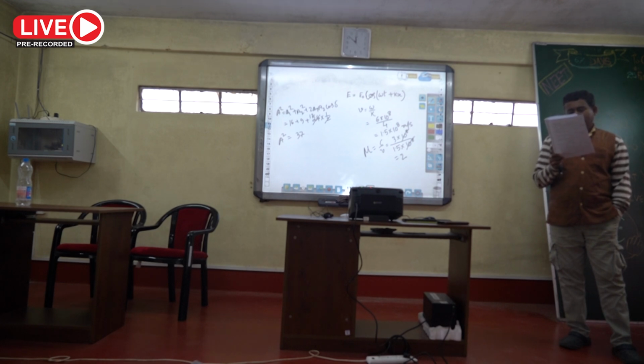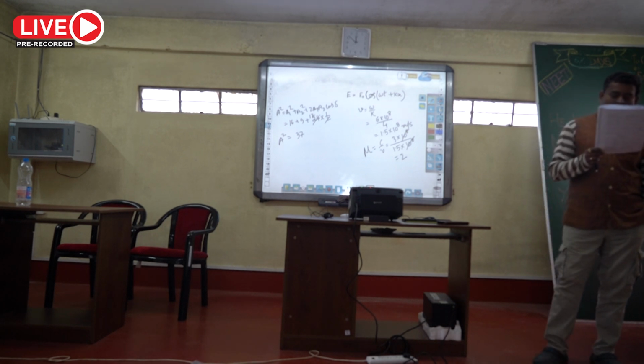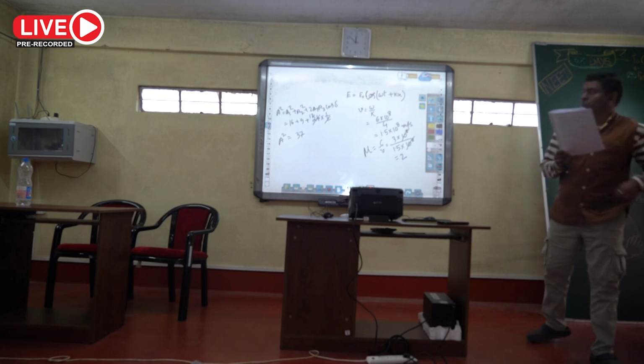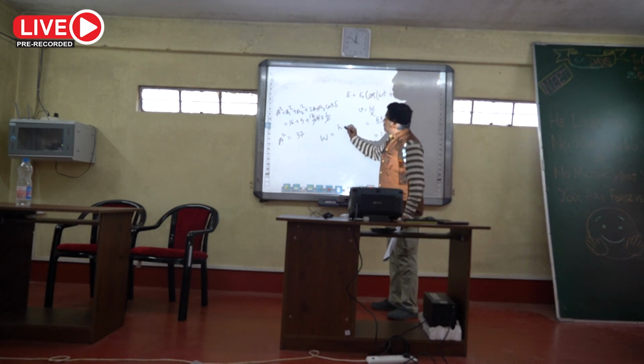Next one, when light of maximum wavelength 300 nanometer falls on a photoelectric emitter, photoelectrons are liberated. For another emitter, however, light of maximum wavelength 600 nanometer causes photoelectric emission. The ratio of the work function, you know that work function W equal to hc by lambda naught.